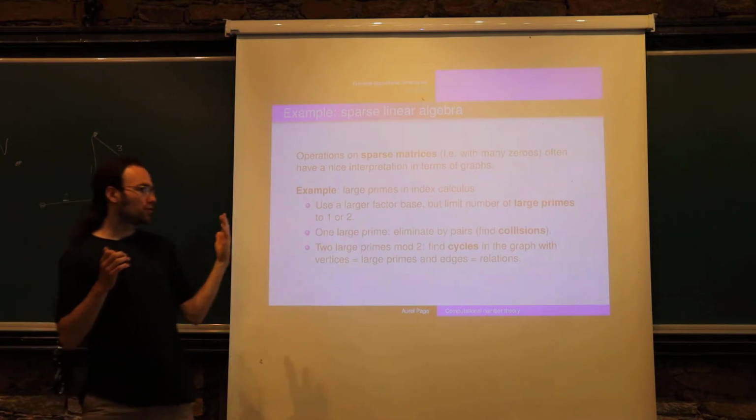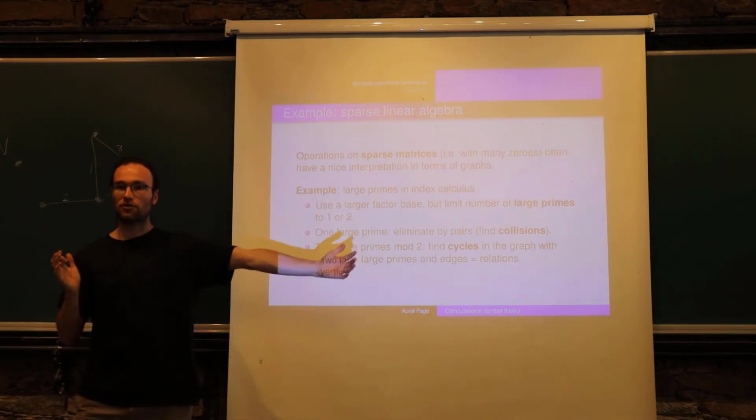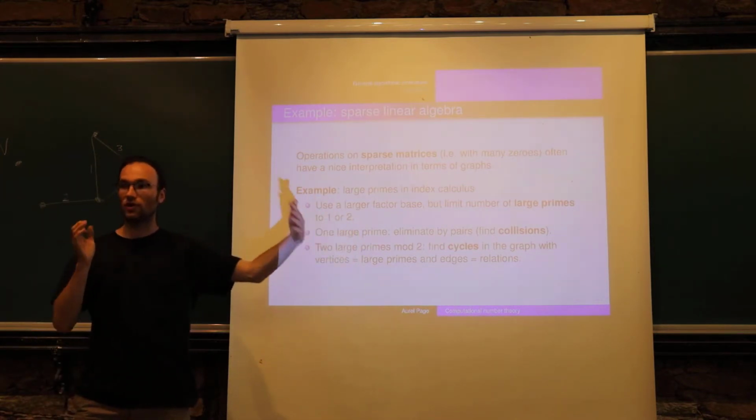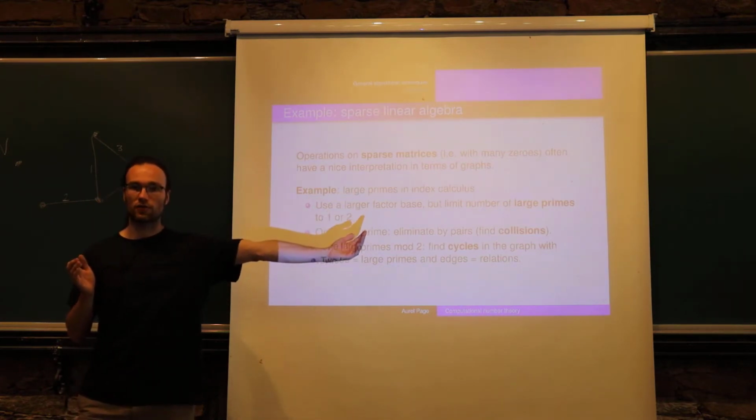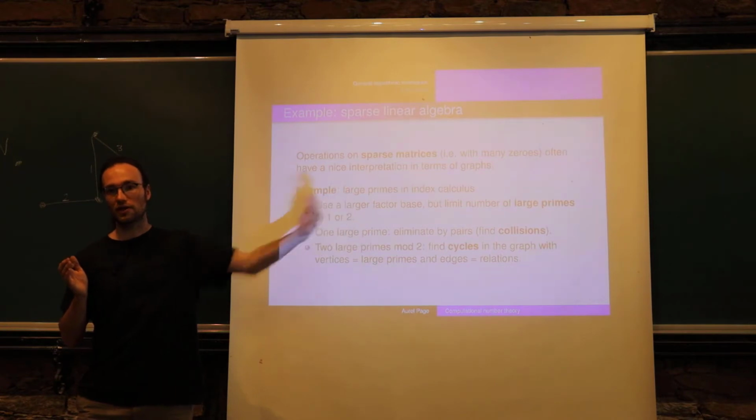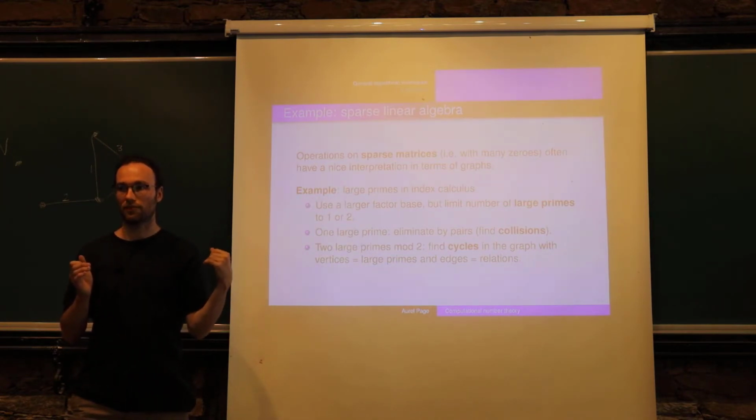So the more primes you put in your factor base, the more likely it is that you will find a relation. So you would like to increase the size of the factor base, but then your linear algebra is more costly.